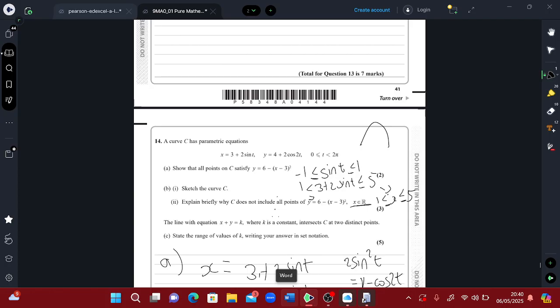It's the same sort of argument with y as well. So cos 2t has to be again between -1 and 1. So then, likewise, 4 plus 2 cos 2t.